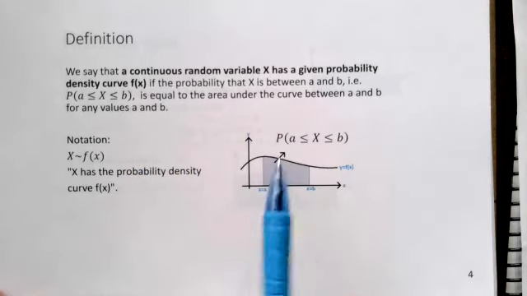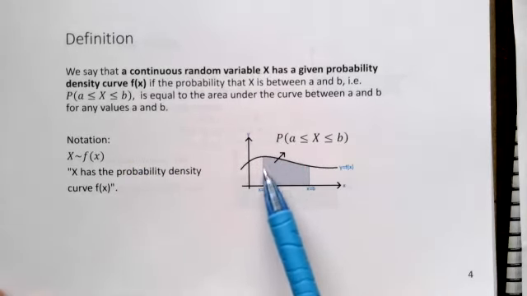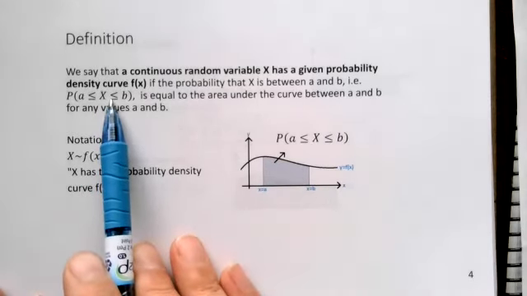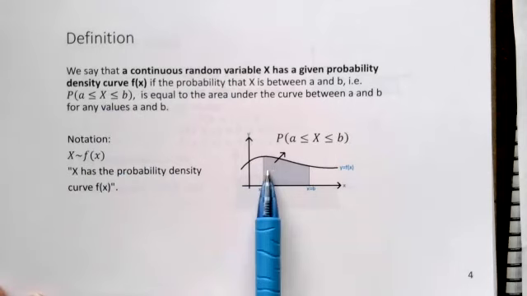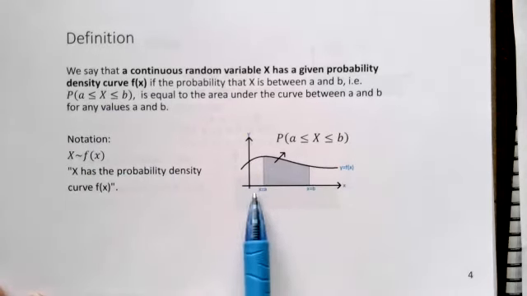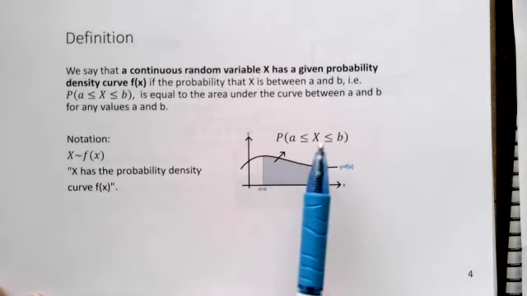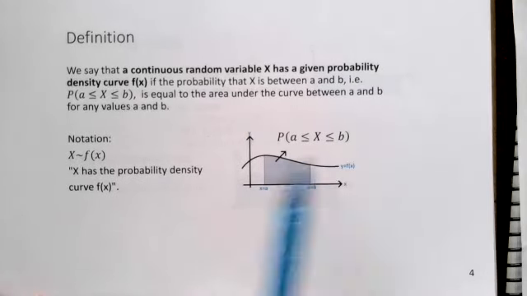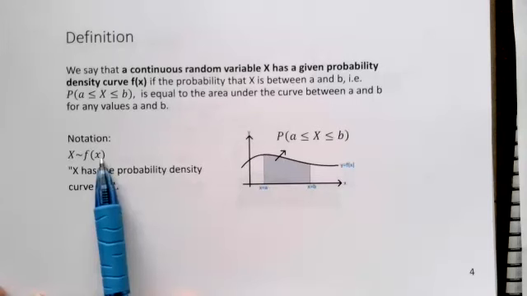So in other words, there is a connection between the area under the curve and the probability. They're basically the same thing. So if we know the area under the curve between a and b, we know the probability of x between a and b. This is the notation that we're going to use.